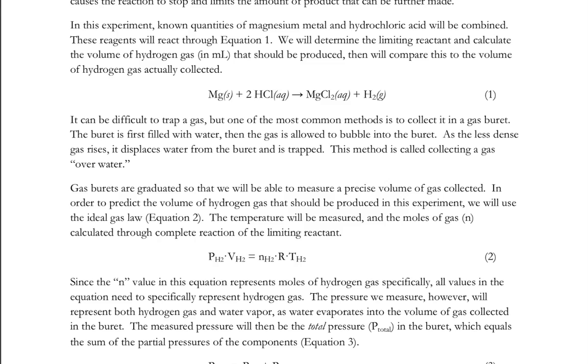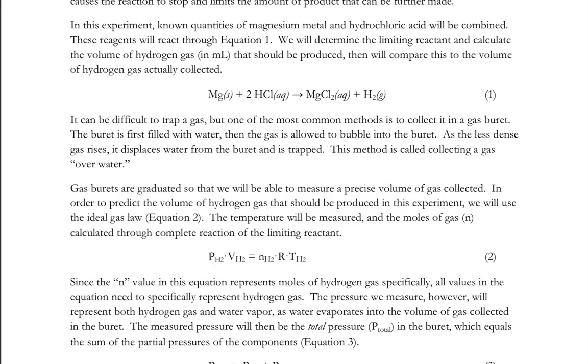Now, to calculate the volume, since we have two reactants, we have to determine which is the limiting reactant. With magnesium, we're going to weigh our strip, so we'll have it in grams. And then with the molar mass of magnesium, we can convert to moles of magnesium.